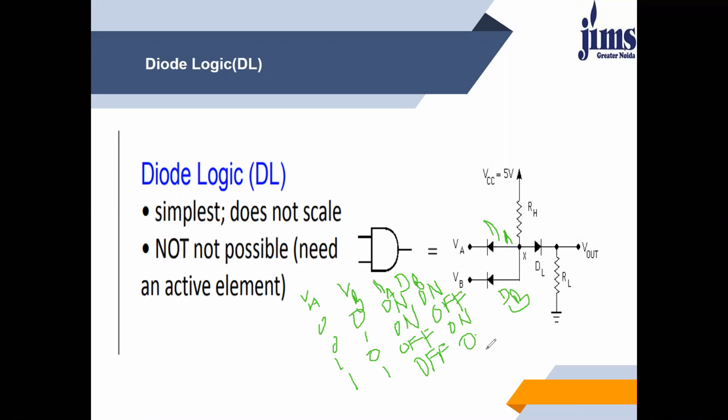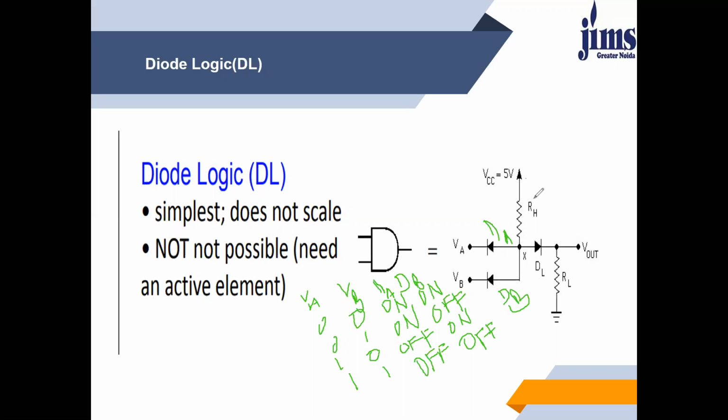Now see, if this is the table, then what will be the output? Now check the first condition. Whenever we are giving 0, 0 input, then both the diodes are on.